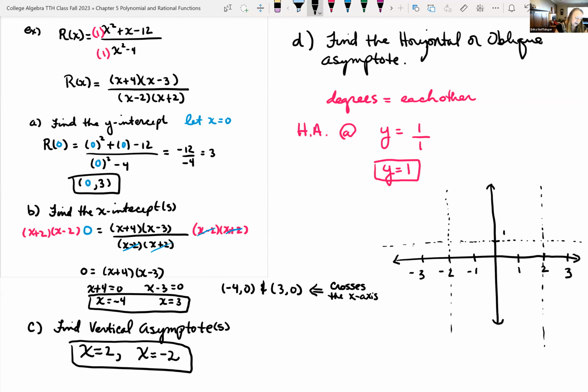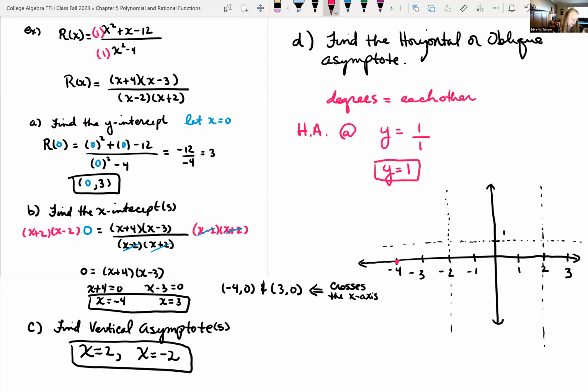We found our intercepts. We found an intercept at x equals -4, and we also found an x-intercept at -2.